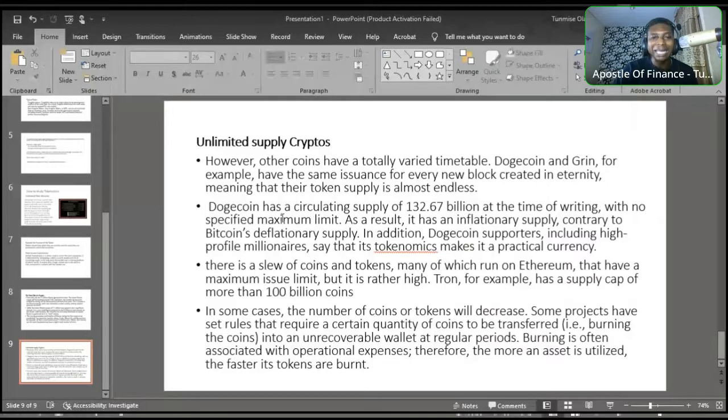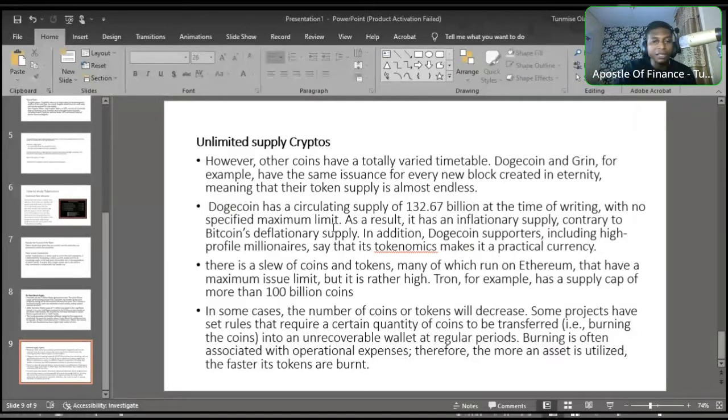Now, currently, Doge has a circulating supply of 132.67 billion Dogecoin at the time of writing this. It doesn't have a maximum limit.